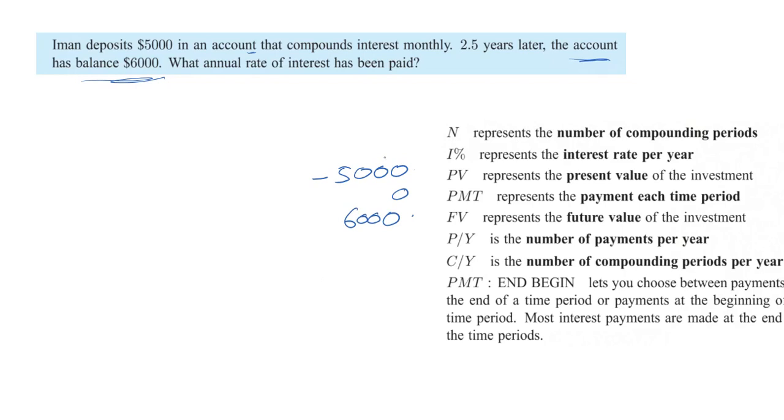Now then, what else do we have? Well, we can work out N, can't we? Because we're compounding monthly and it's 2.5 years. So 2.5 times 12, well, that's going to be 30 months. So N is going to be 30. Now, the thing we're trying to find here is the annual rate of interest. So we'll be pressing the solve button when we're hovering above the I%. So we'll come back to that bit.